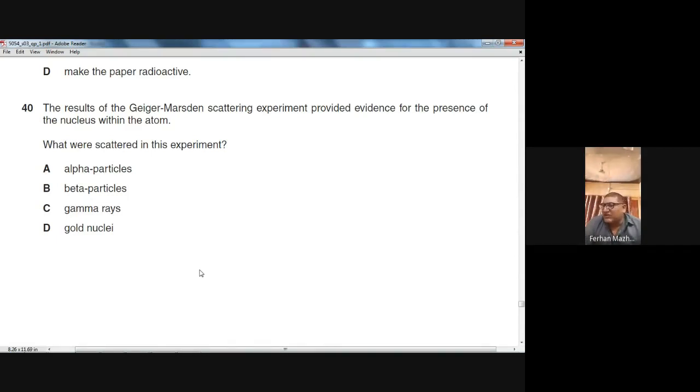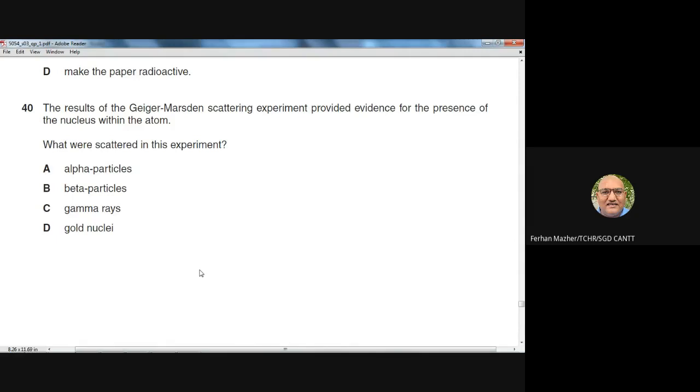They took alpha particles and bombarded a gold foil with them. Most of the alpha particles went straight. Very few were scattered at a larger angle, and very few were bounced back. So they used alpha particles.